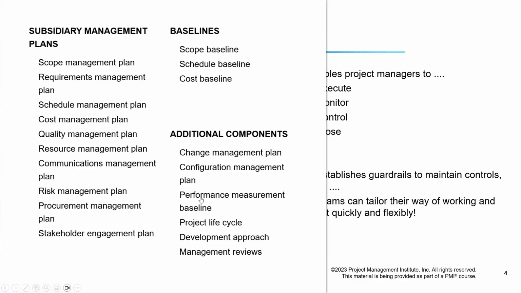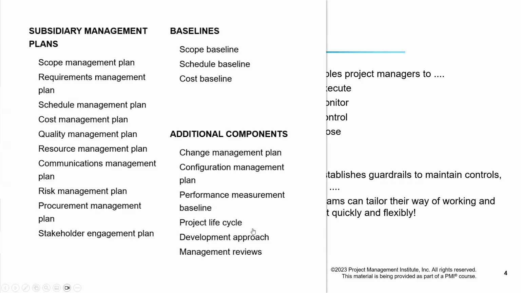Performance measurement baseline is nothing but a unified place where all the three baselines are put together. So when we want to refer to all three of them together, we call them performance measurement baseline. Then we have got project life cycle.